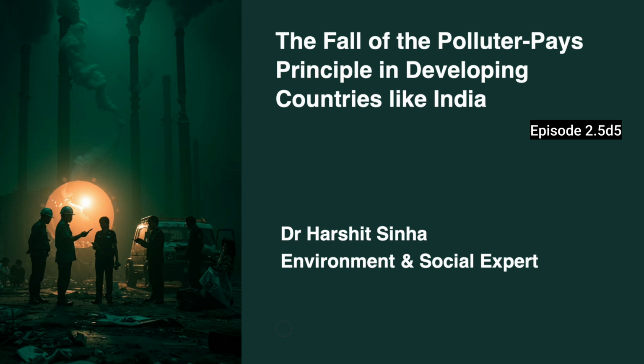Moving towards the final segment of our series, we turn our attention to the pressing concern of the fall of the Polluter-pay principle in developing countries, with India serving as a central case study. In this session, we delve into the economic, political, and social factors that undermine the successful application of Polluter-pay principles.